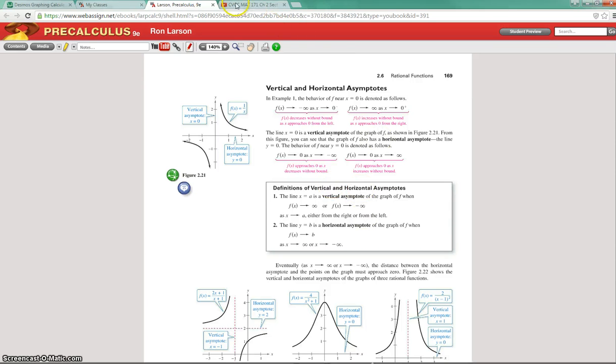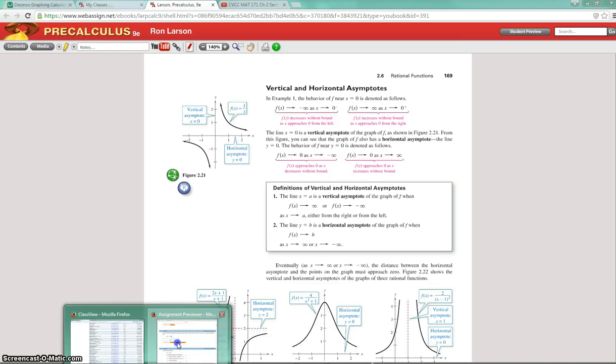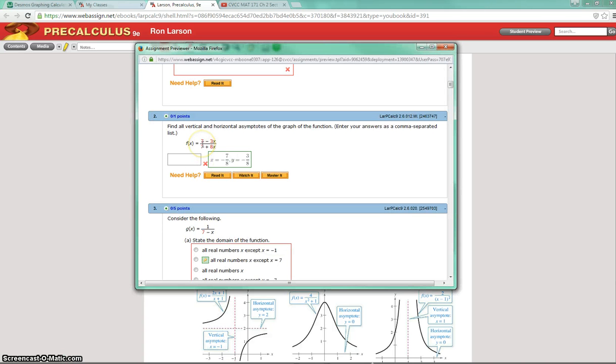Let's get a graph of one of these just to see what we're talking about. We could do this one, 7 minus 3x over 7 plus 8x.